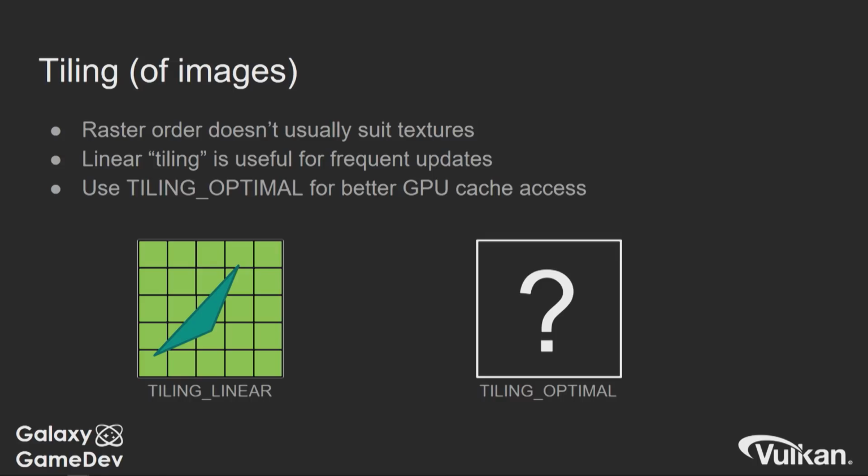Still, you need linear tiling for CPU access, and if your image is updated every frame, it is better to use linear tiling as you can skip extra copying. But if you are not doing this, optimal tiling is usually more friendly to the GPU, so it's better to go with it.